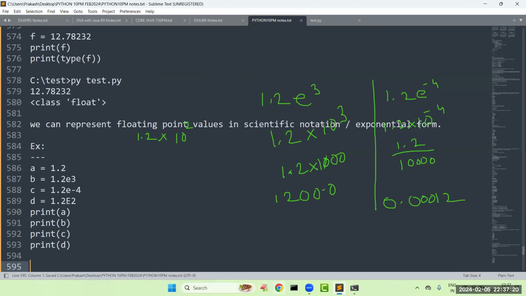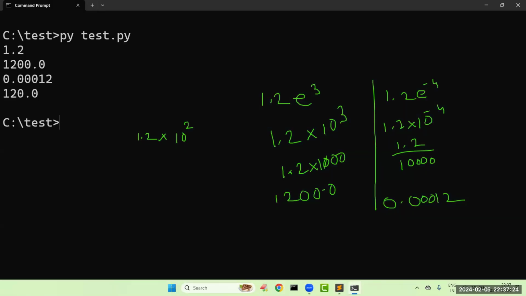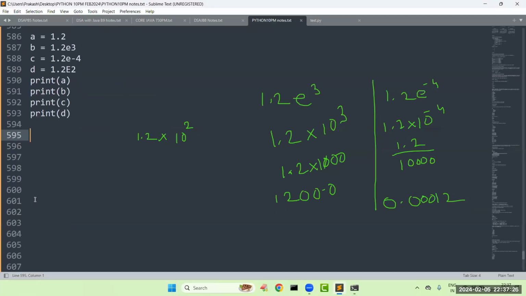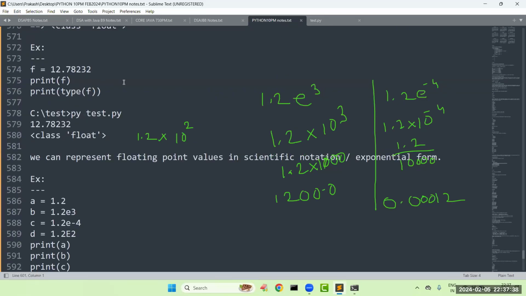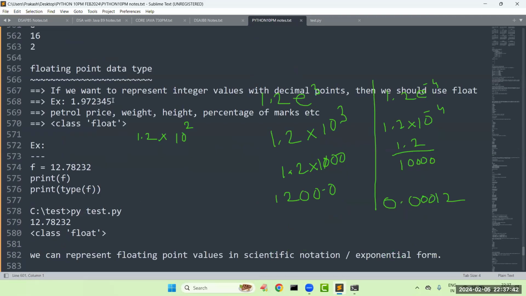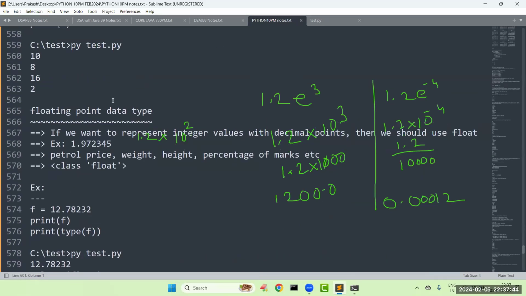Friends, any doubt up to this, whatever I covered, please confirm. Yes. Clear, right? Actually, I have one doubt in the first example also. Can you please scroll up a little bit?